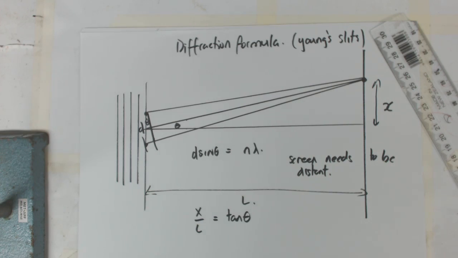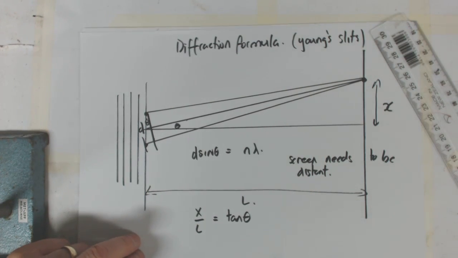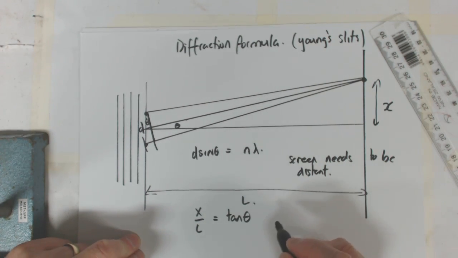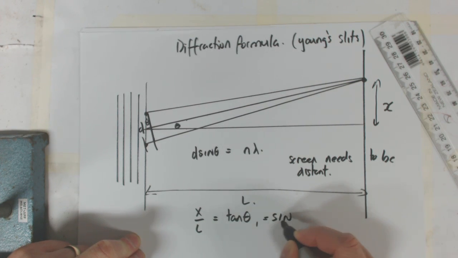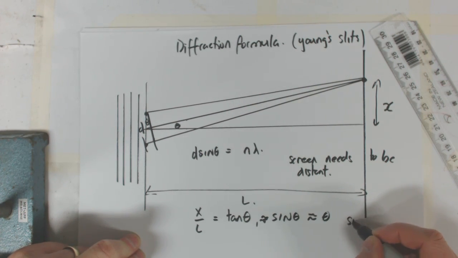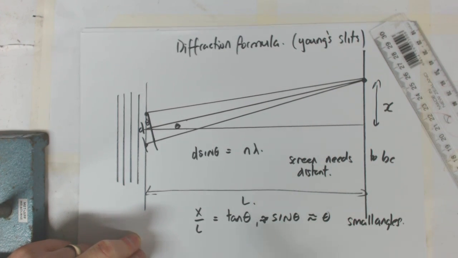Perfectly okay. And what we in physics say also is that the tan of theta is approximately equal to the sine of theta, which is approximately equal to theta for small angles. So what we're basically saying is, yeah, this works for small angles.